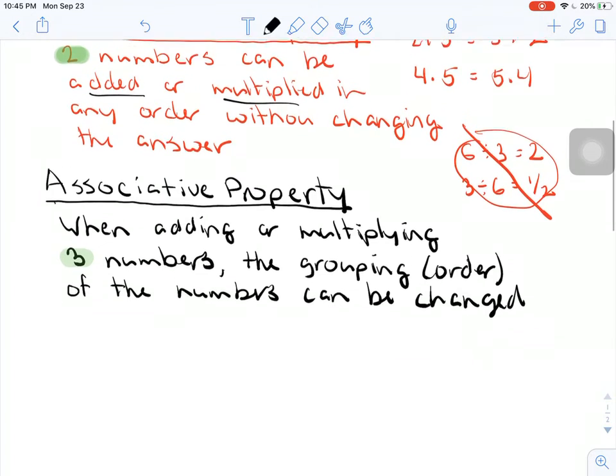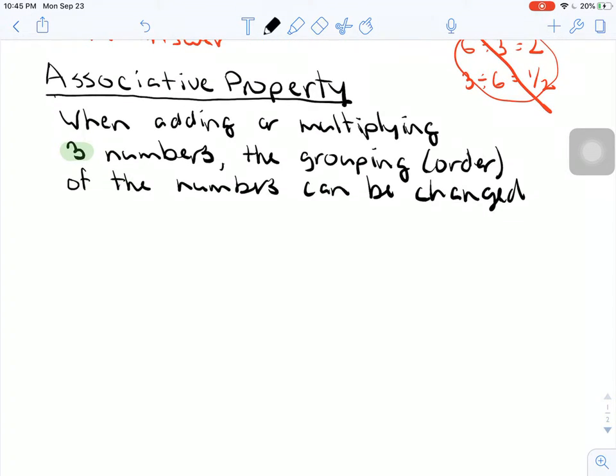This one I want to give you an example of because it actually connects to some things that we've learned about order of operations. Let's say that we have 3 different numbers. I'm going to put a variable in there just because I can, because it will also let me show you something else at the same time.